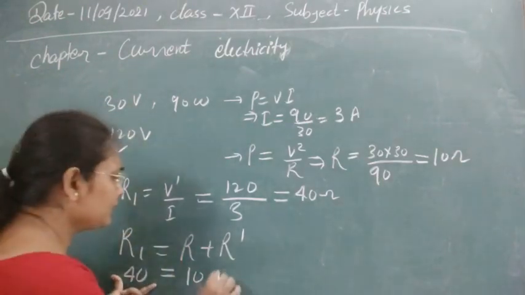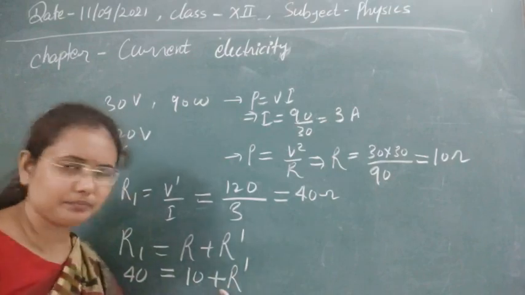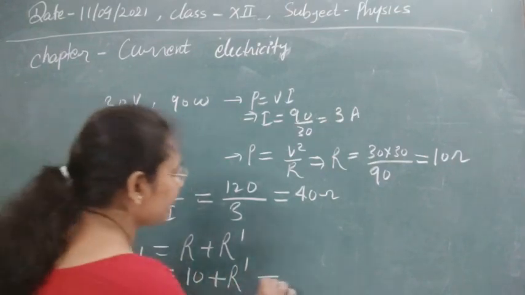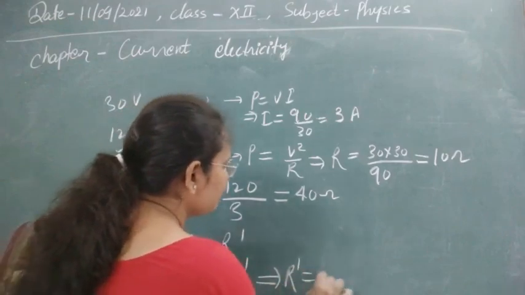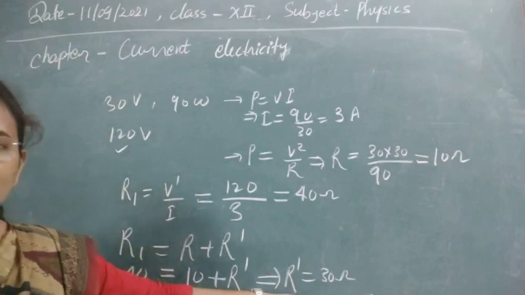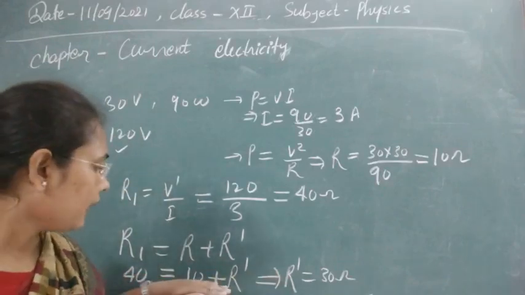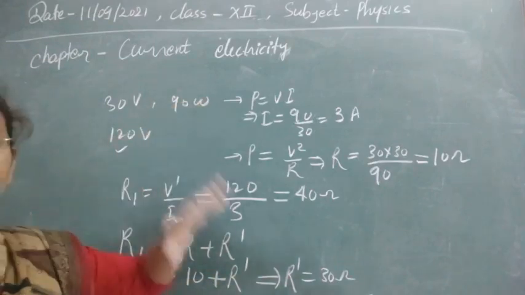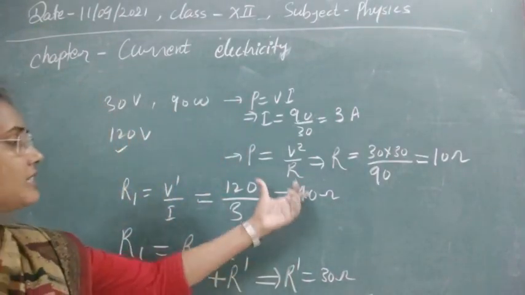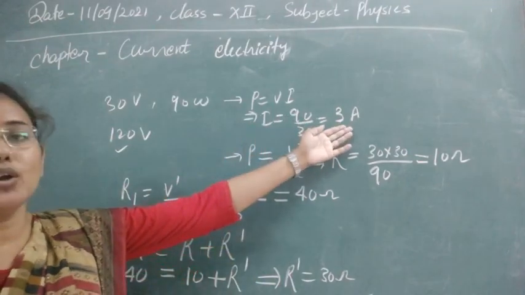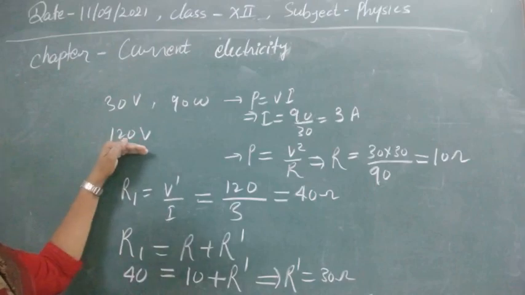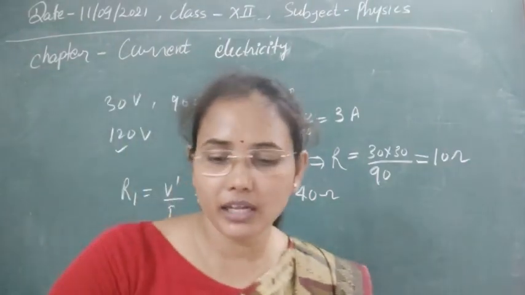So the resistance that we have connected in series with the bulb, R dash, can be calculated, and it has a value equal to 30 ohm. If we connect a 30 ohm resistance in series with the 10 ohm resistance of the bulb, then we will get 40 ohm resistance, and that 40 ohm resistance is enough to maintain this 3 ampere current for the proper glow of the bulb on the 120 volt DC line supply.